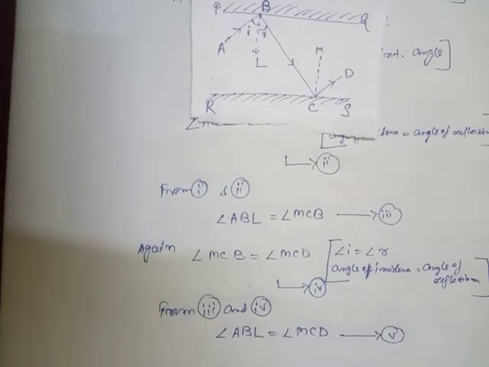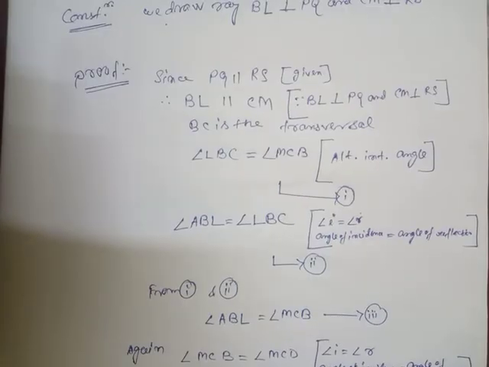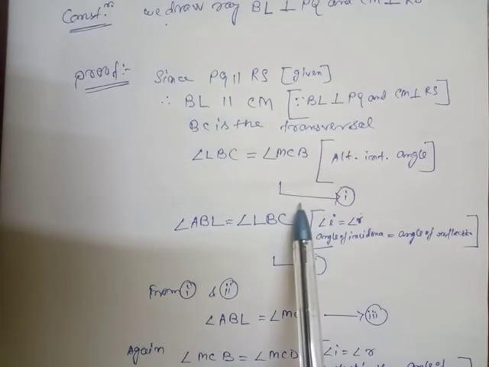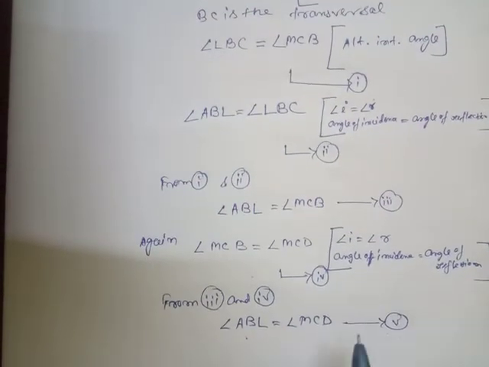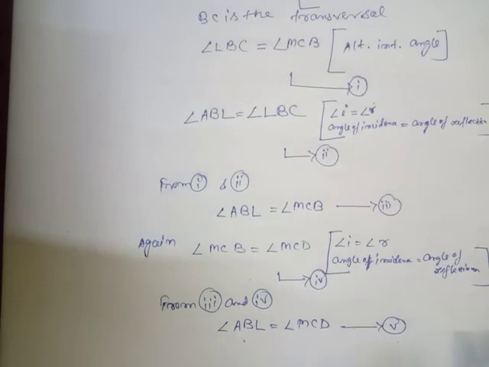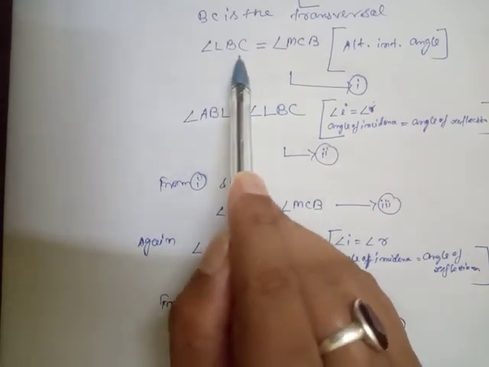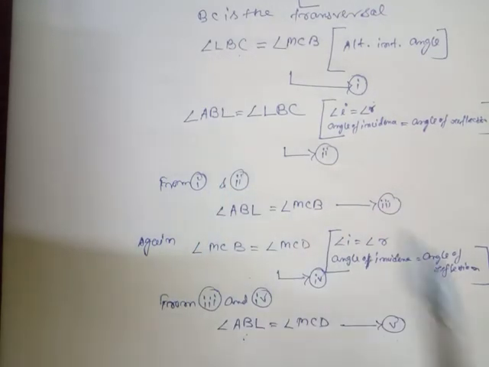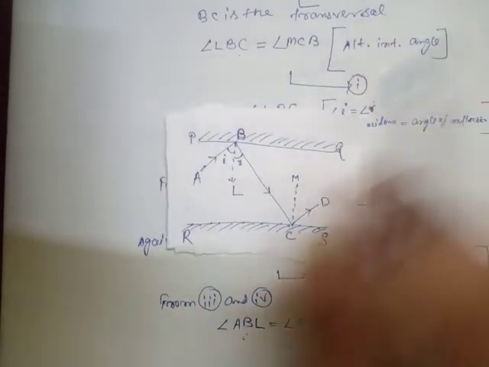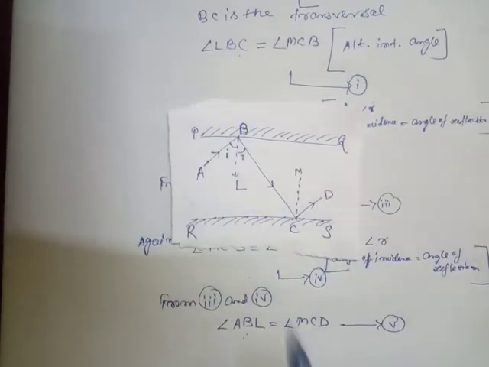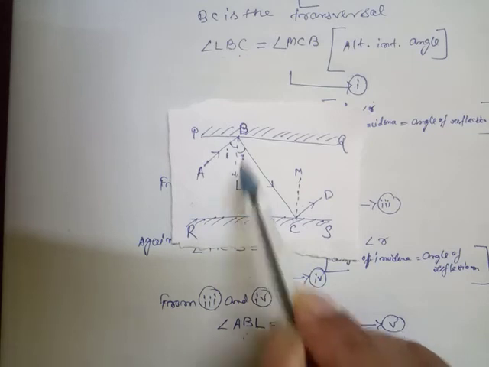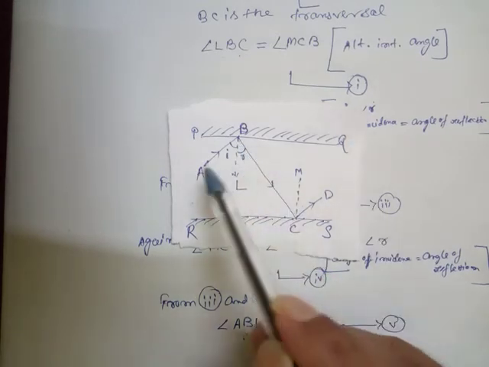Now student, look at the last part. If we add equation number 1 and equation number 5, then what will happen? LBC plus ABL and MCB plus MCD. Now look into the diagram once. LBC is this part, ABL is this part.